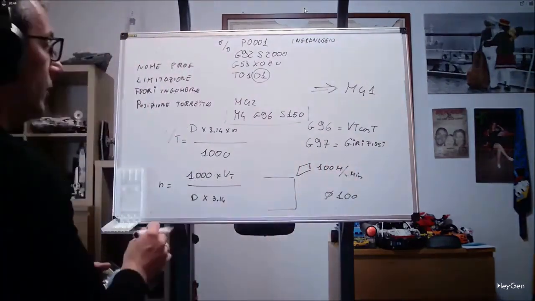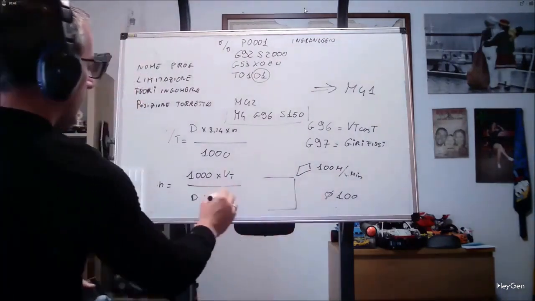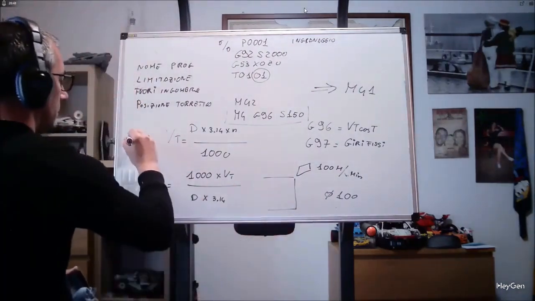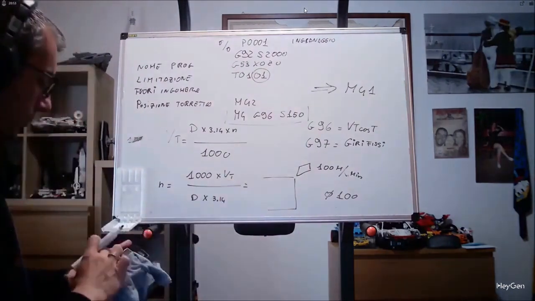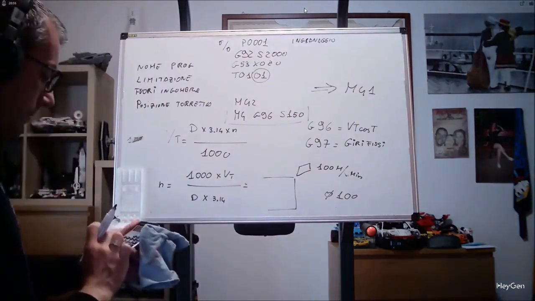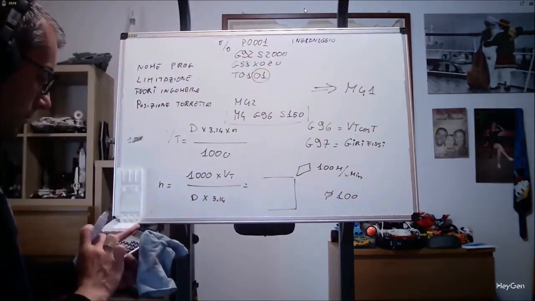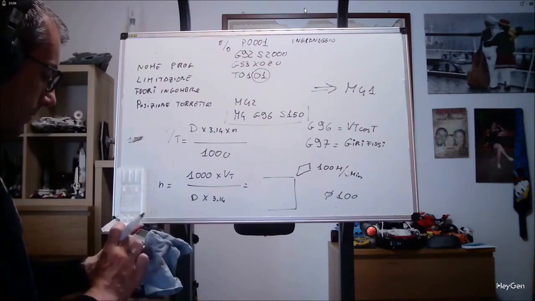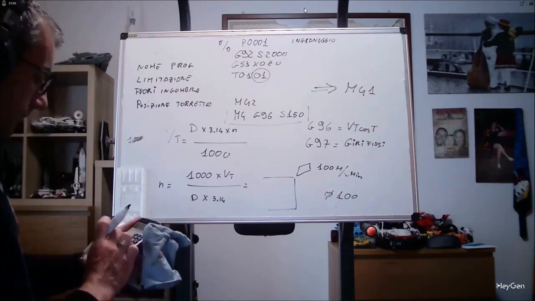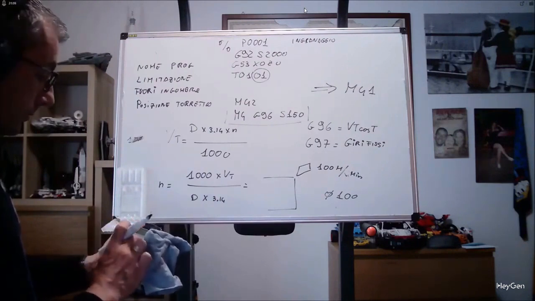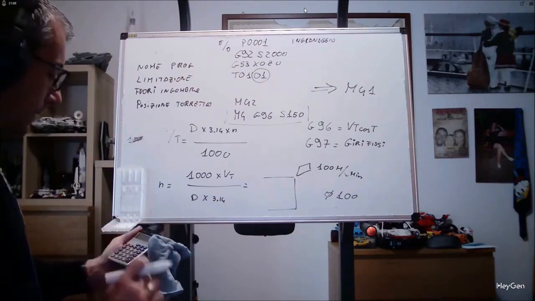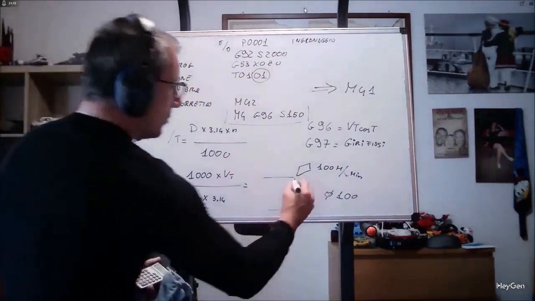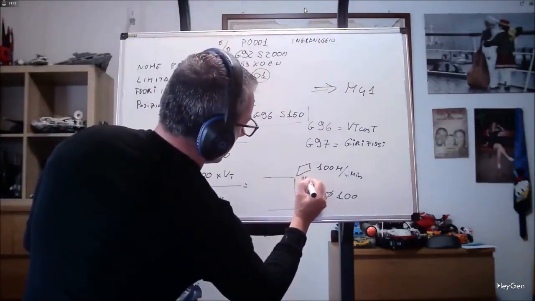My number of revolutions will be 1000 for 100 divided by 3.14 obviously. So at this point we will have 318 revolutions.